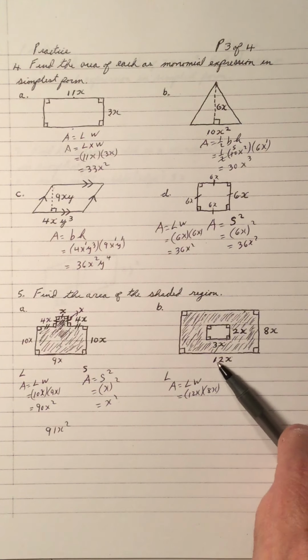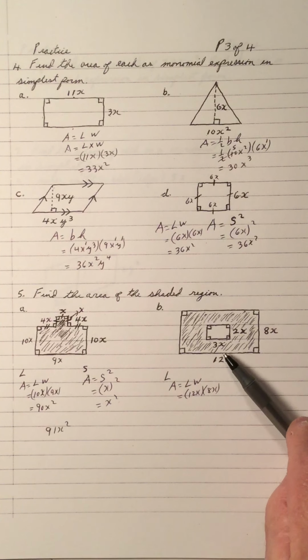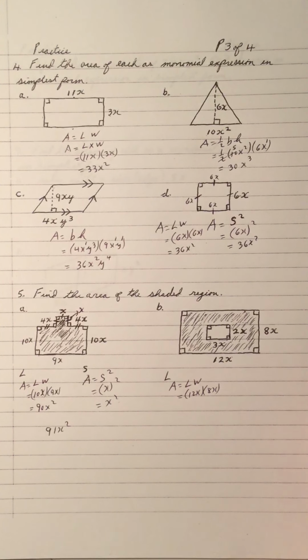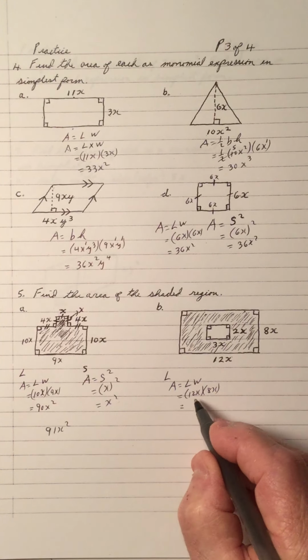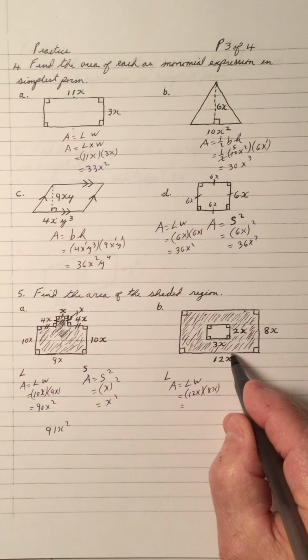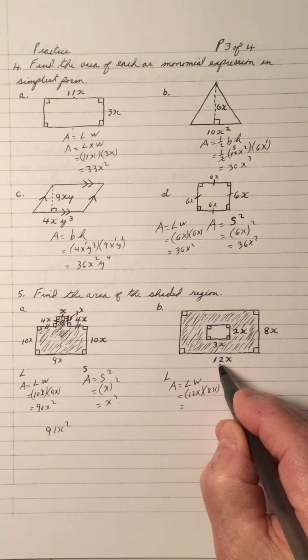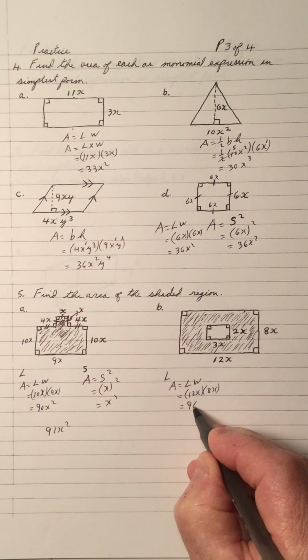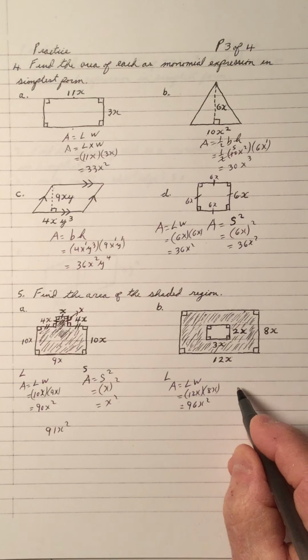By substituting some numbers in for x, you'll tell that's the length and that's the width. You can also say that's longer than that, so that's why it's the length. Yes, but as I said, 12 is bigger than 8 in terms of the term. So that's 96x squared when you multiply.